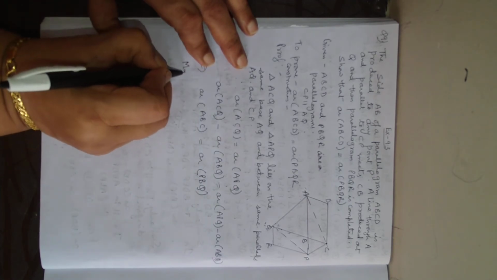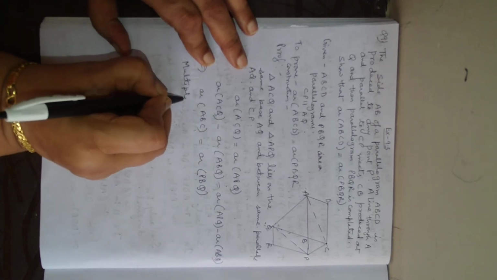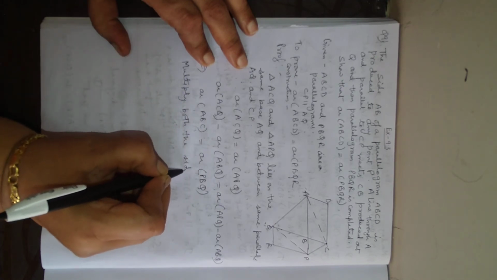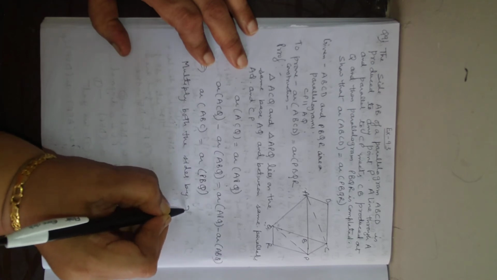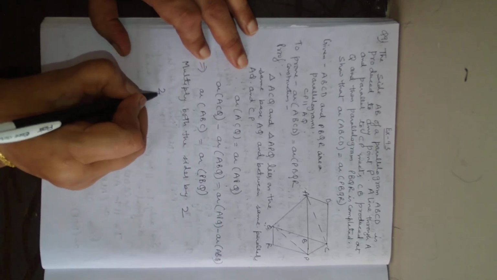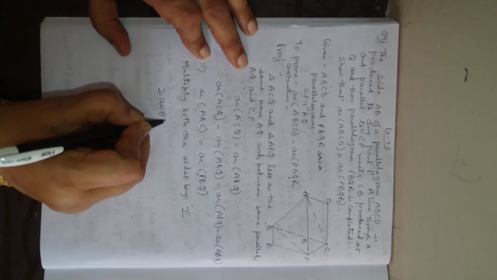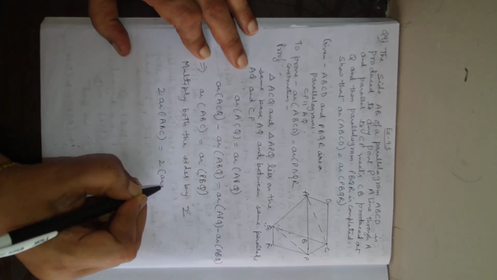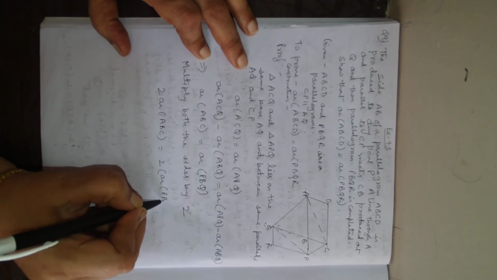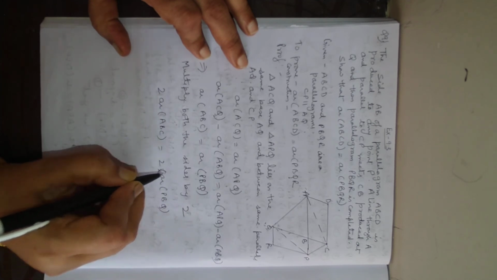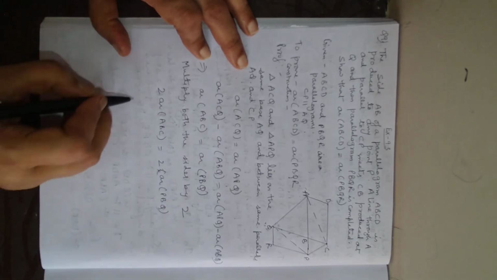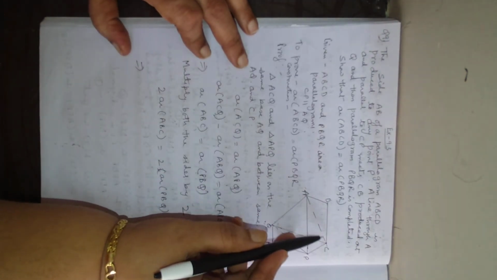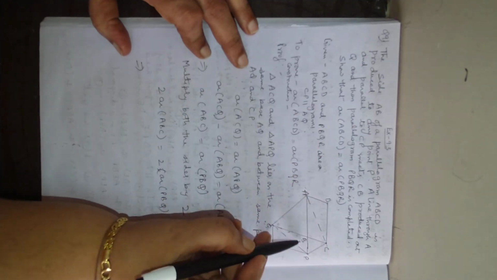Now, multiply both the sides by 2. What do we get? Twice the area of ABC equals twice the area of PBQ. Twice this area of ABC is what?